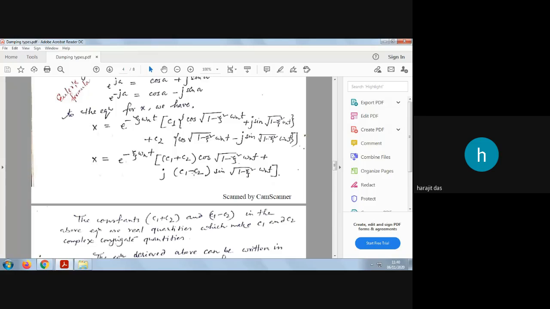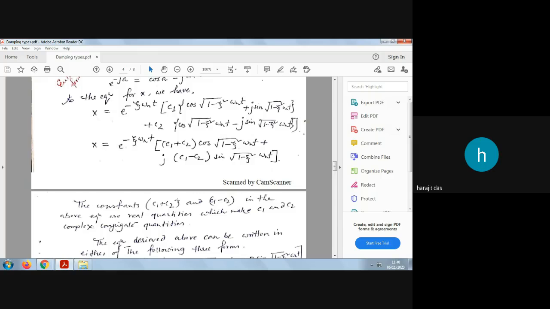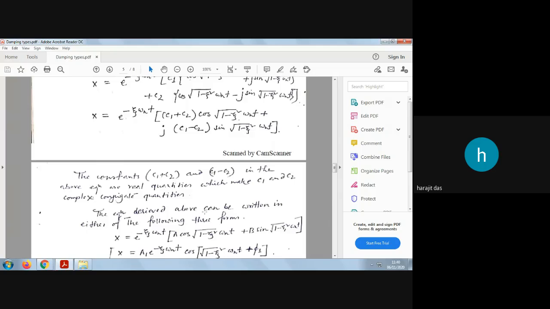Here the constants c1 plus c2 and c1 minus c2 in the above equation are real quantities, which makes c1 and c2 complex conjugate quantities.